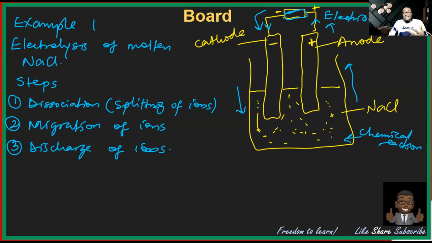So usually the ions will be converted back to their elemental form, back to the elements. It could be forming gases or metal being deposited. If it's a metallic ion, it will be discharged as solid metal.